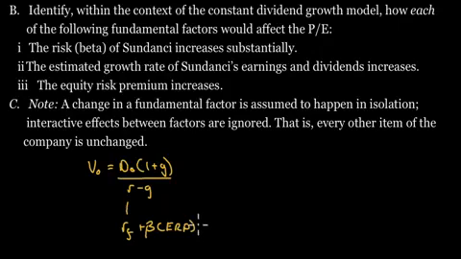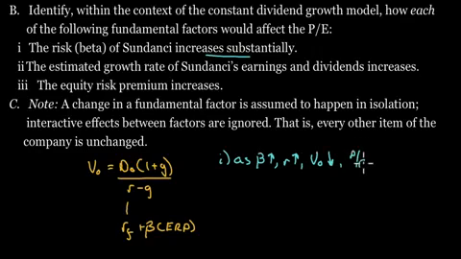There we go. So the first one is saying, what happens if beta increases? The risk increases substantially. Well, as beta increases, what happens to R? R increases. If R increases, what happens to V naught? V naught decreases. And what happens to P over E?